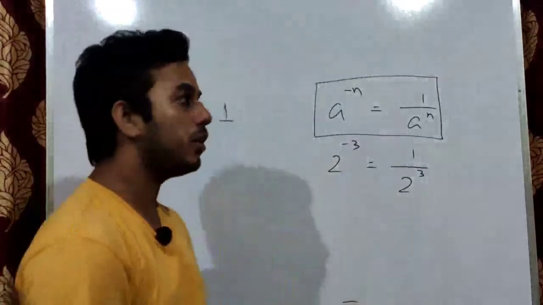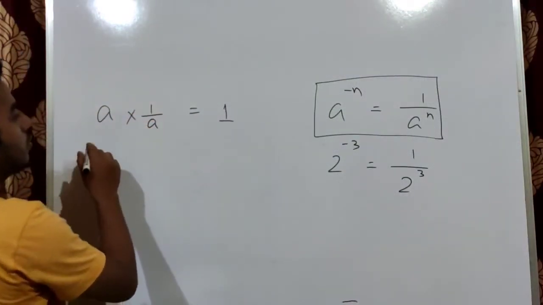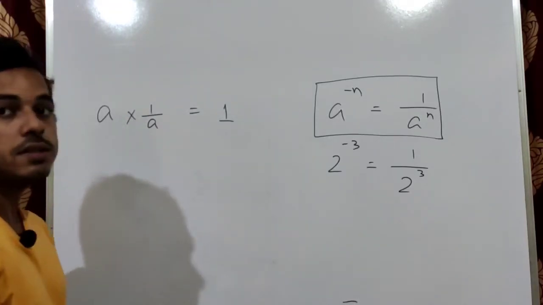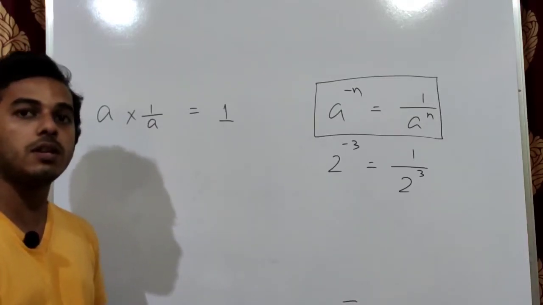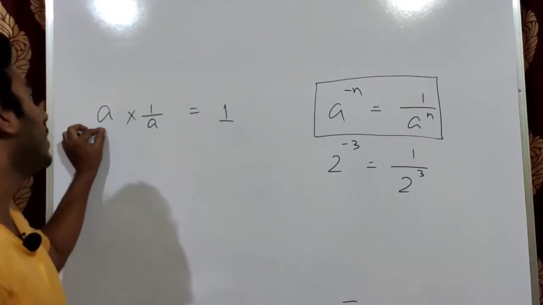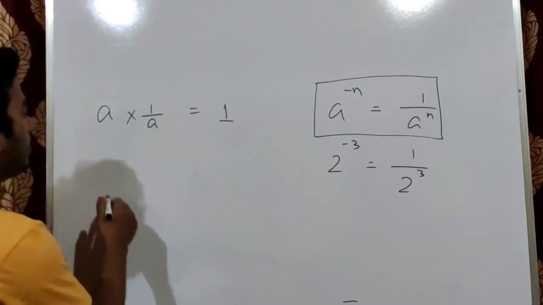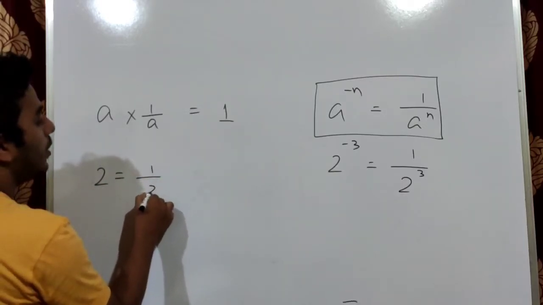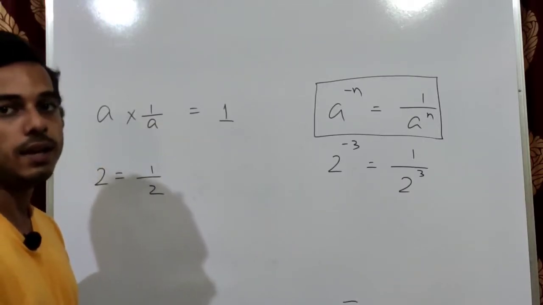Reciprocal of a will be 1 by a. So when we multiply a with 1 by a, our result is 1. This is the multiplicative inverse, that is the product of a number and its reciprocal is 1. So the multiplicative inverse of a is 1 by a. For example, the multiplicative inverse of 2 will be 1 by 2, the multiplicative inverse of 3 will be 1 by 3, like this.